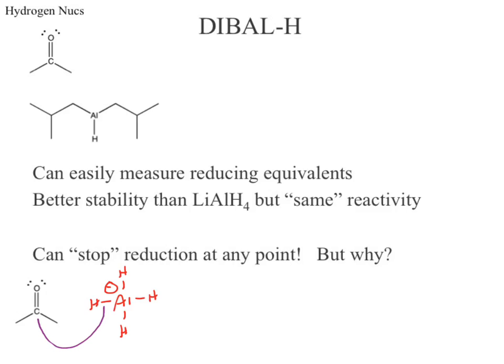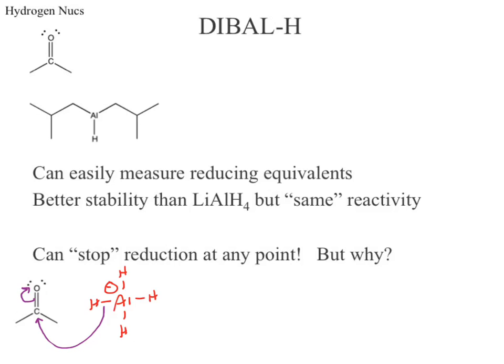The hydride attacks our carbonyl carbon and moves up, and that's because we have that negatively charged hydrogen. So that's our primary first step. When we move to DIBAL, our mechanism changes.